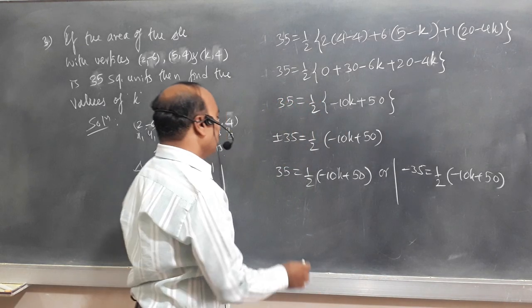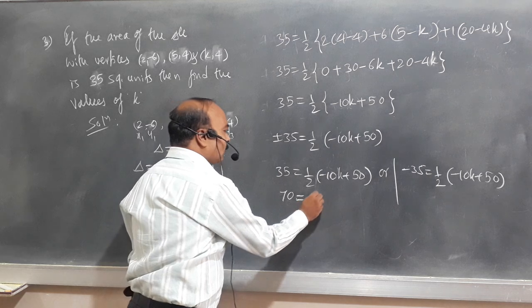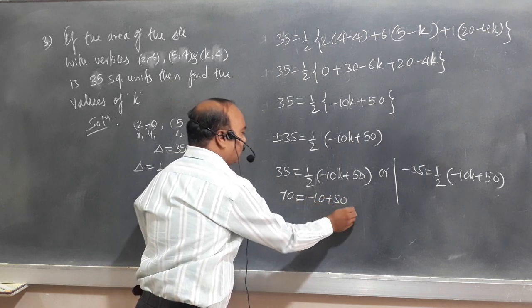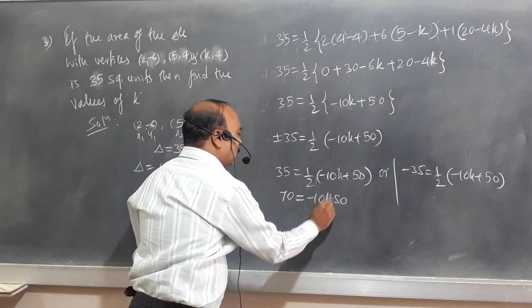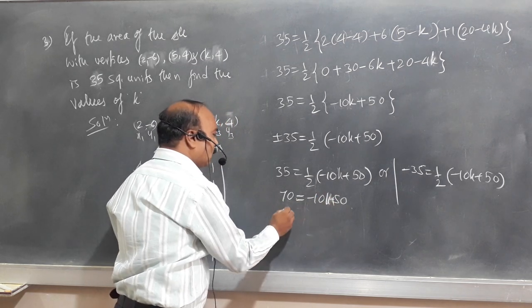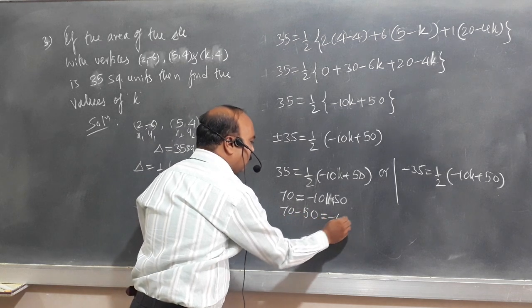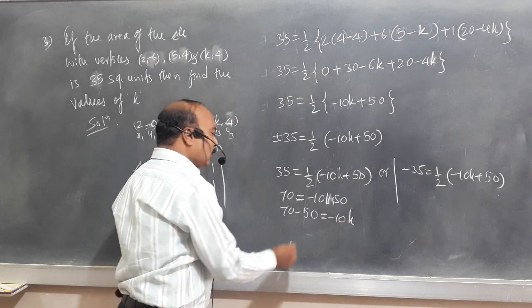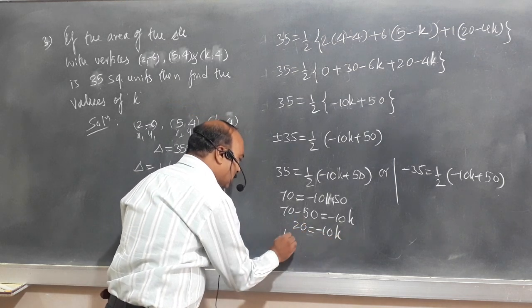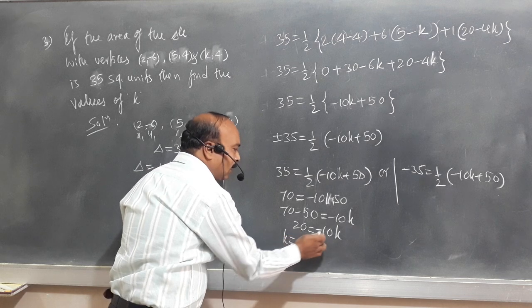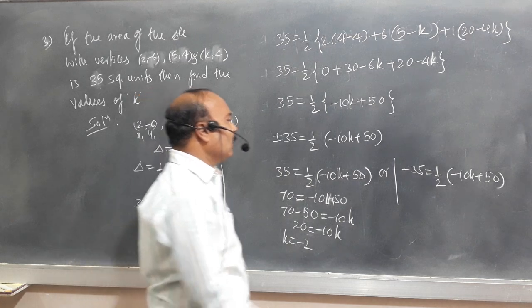Now cross multiplication, we get 35 into 2, 70 equal to minus 10k plus 50. Take 50 to this side, 70 minus 50 equal to minus 10k. 70 minus 50 is 20 equal to minus 10k. Therefore k equal to 20 by minus 10 is minus 2. It is the first value of k.